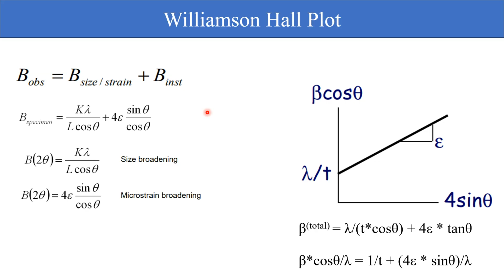This equation consists of two terms, size strain and instrumental broadening. So we can plot it on y and x axes. As you can see, we can plot these trends and observe how y and x variables differ in different ranges or at different theta.